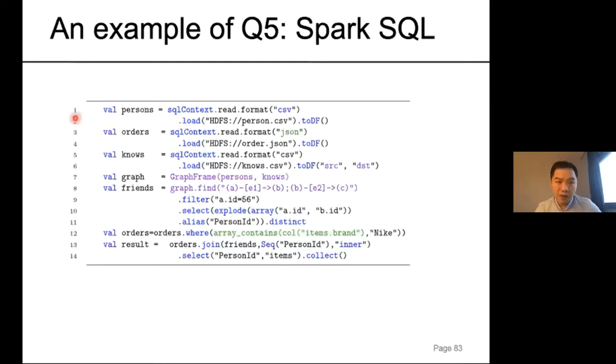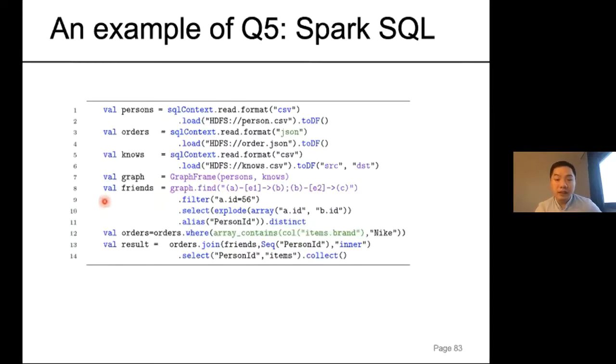So for this query, lines 1 to 6 load the CSV, JSON, and the graph data from the HDFS. And in line 7, it uses a GraphFrame to load the graph.